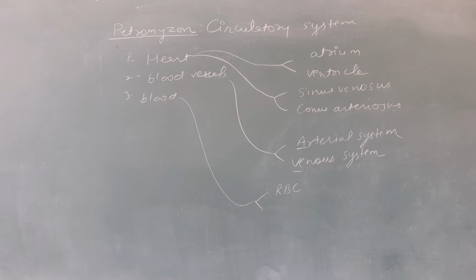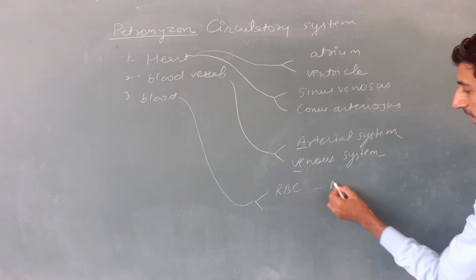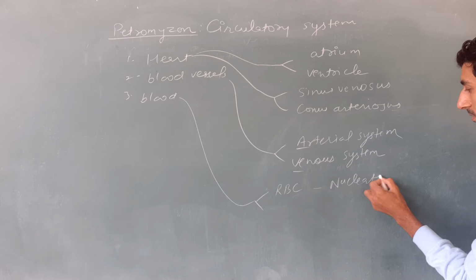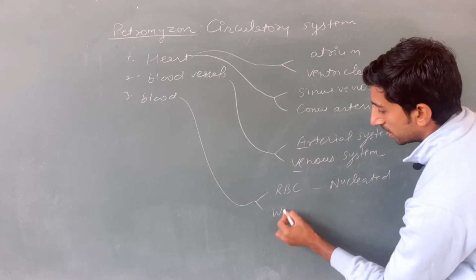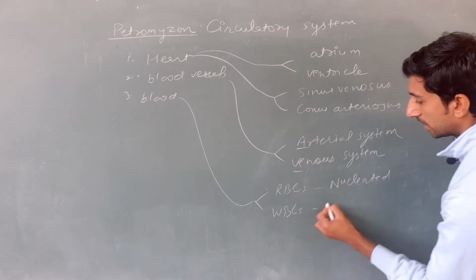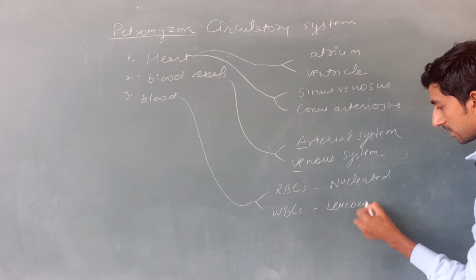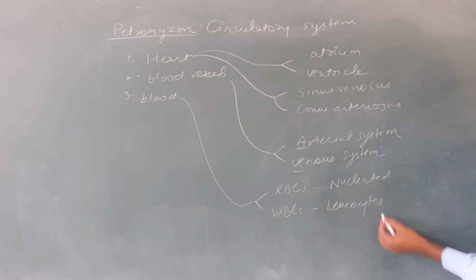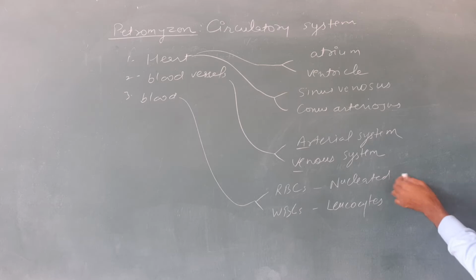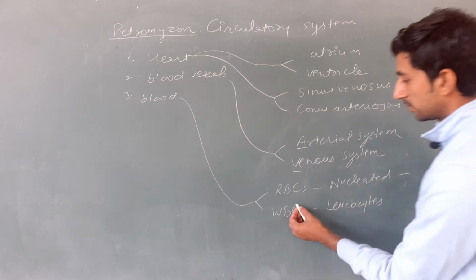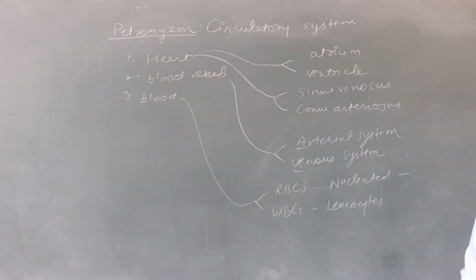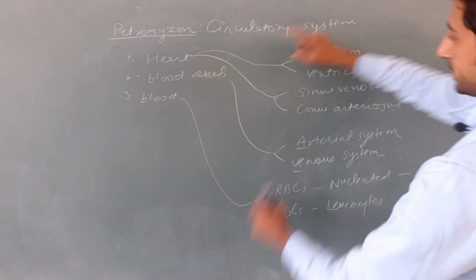The RBCs are nucleated, and then there are WBCs or leukocytes. RBCs perform the function of transport of gases, and WBCs play a role in defense of the animal. So first we will discuss the heart.